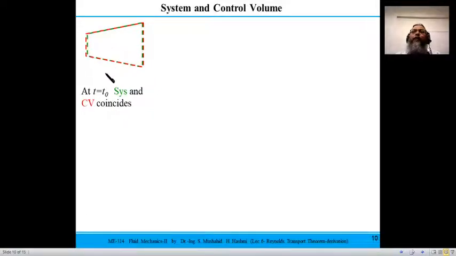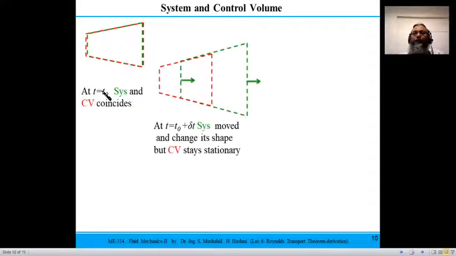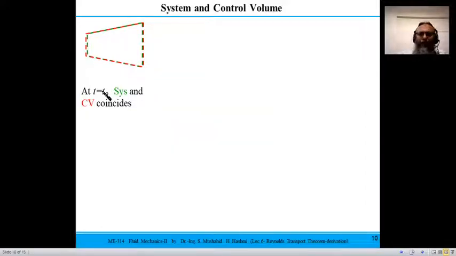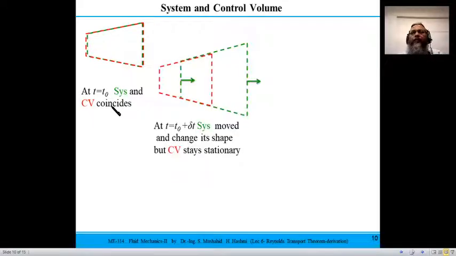So at time t, what is happening? Both the system and the control volume are overlapping each other. So what will happen after some elapse of time delta t? Let's say delta t is some time after t naught.